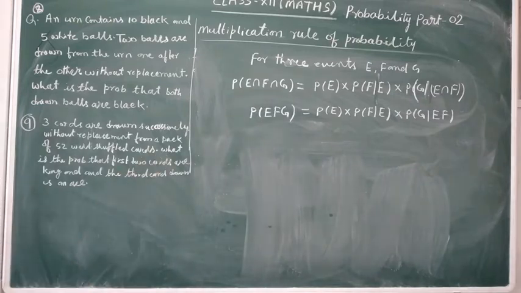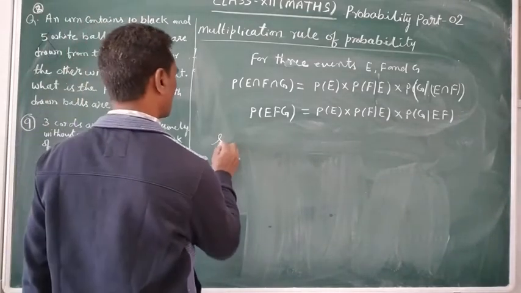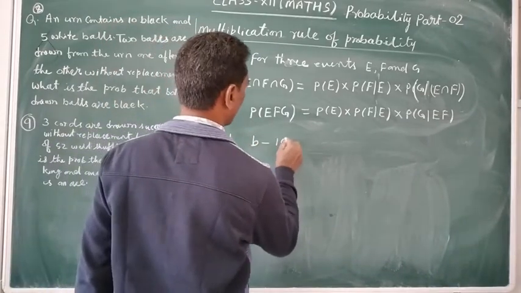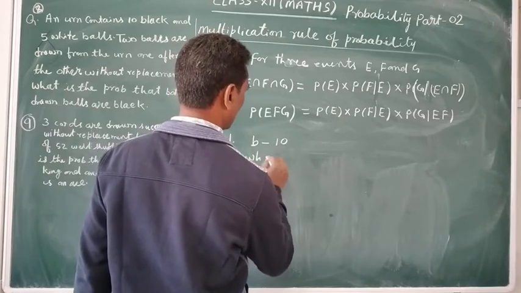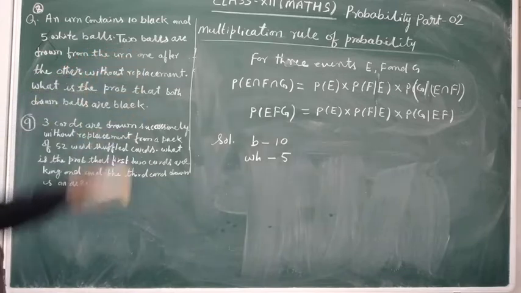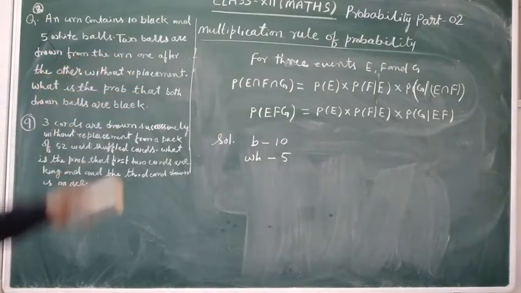Now we can understand this with the help of an example. Example number 8 from your XII textbook. An urn contains 10 black and 5 white balls. Black balls are 10 and white balls are 5. Two balls are drawn from the urn one after the other without replacement.